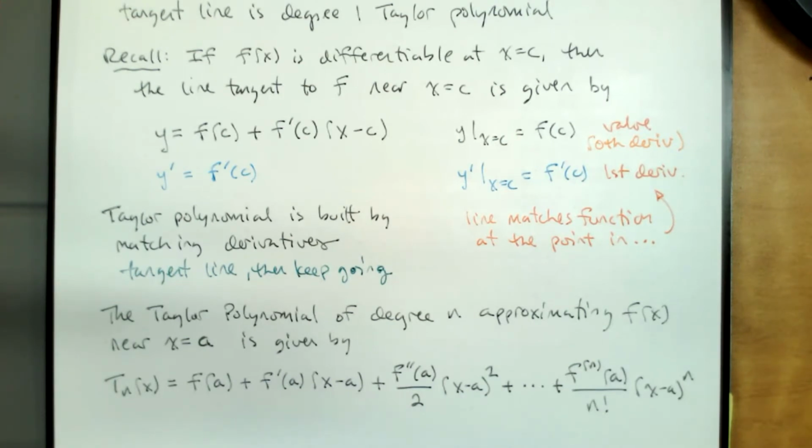This n factorial gets knocked down to n minus 1 factorial. Then in the next derivative, I multiply by n minus 1, and that n minus 1 factorial gets knocked down to n minus 2 factorial. Eventually, I take n derivatives. The (x minus a) to the first goes to (x minus a) to the 0 power, and the n factorial is canceled out. We'll just be looking at the nth derivative of f at a.